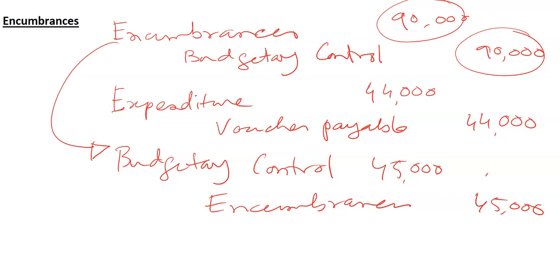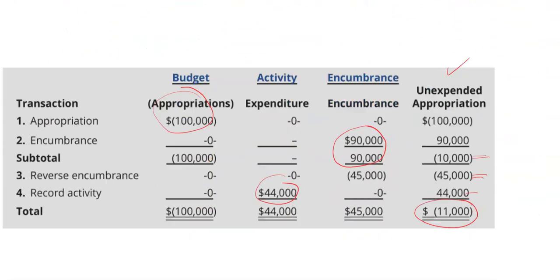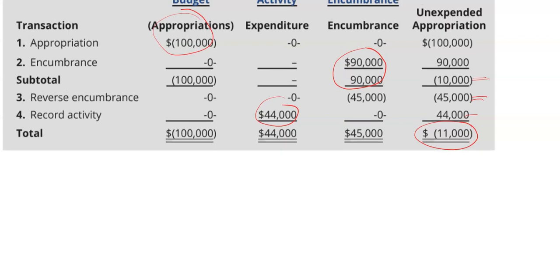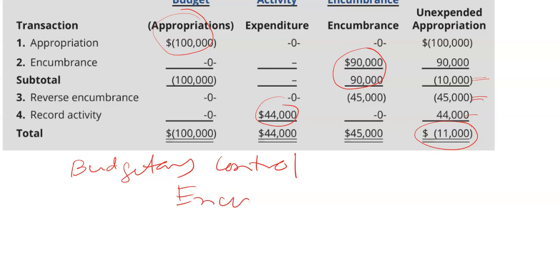So what we're going to do first, we will close the other $45,000 at the end of year 1, since we didn't buy the second truck. So we will debit budgetary control, and then we will credit encumbrances, and this is the other truck's money we still have.